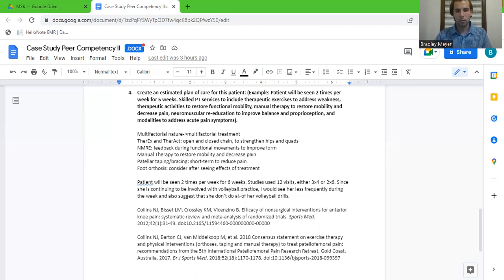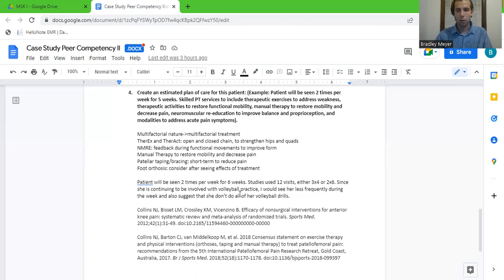And then lastly, what was recommended in some of these articles was a foot orthosis, but that was more recommended if these other conservative treatments weren't working too well. So I wouldn't start off the bat with recommending an orthosis, but it's something that could be looked into in the future. And then this patient, I would maybe like to see two times per week for 6 weeks.